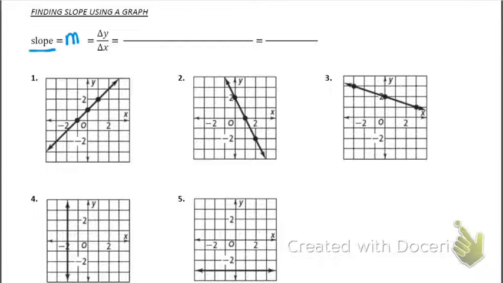So there are lots of different definitions for slope that we can use. One is delta y over delta x, which we already know. Another one is delta y is the change in the y-axis. So that would be your vertical change, which we already talked about, right?